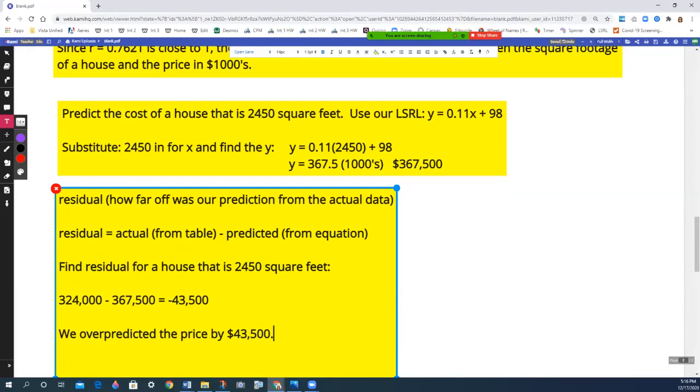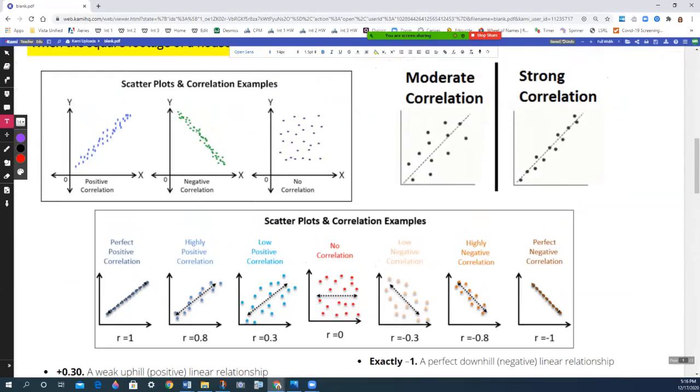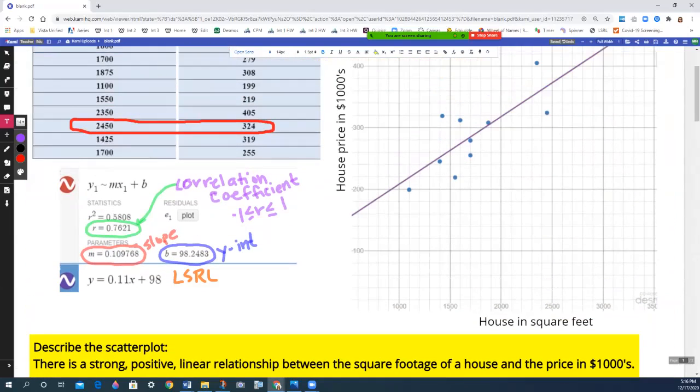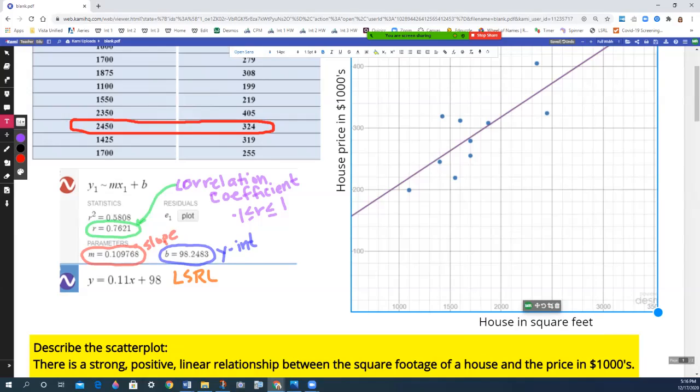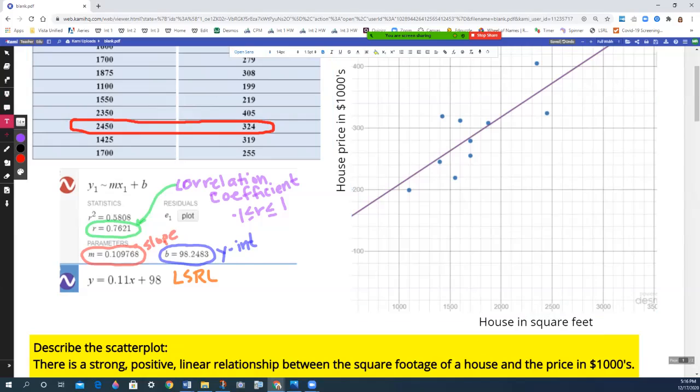So where would that be up here? So if I'm looking up here, okay, this was 2,450, and it's 324. So that's going to be this one right here. So let me just circle that one in red again. So this one right here is the one that we found the actual and then with the predicted.